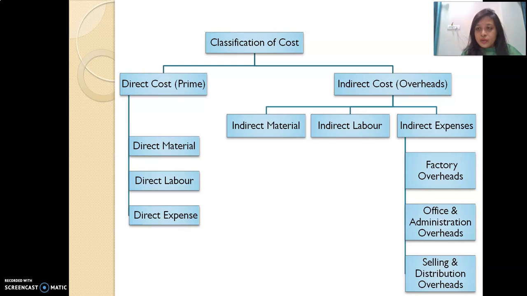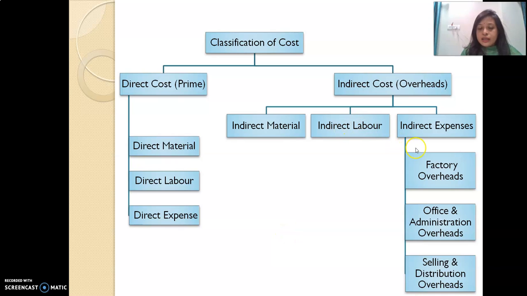And now the indirect cost. What do you mean by indirect cost? Indirect costs are those costs which cannot be easily identified with the product. These costs are related to the cost of the manufacture or cost of the product, but these costs are not directly related.